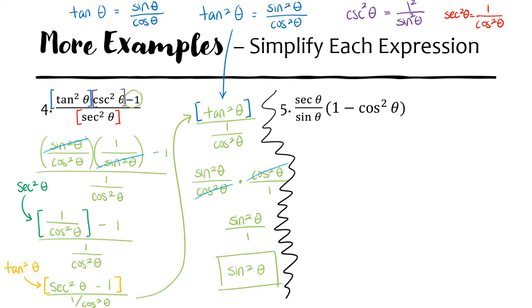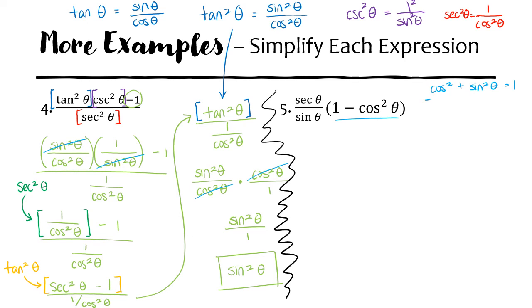This one is just going to involve our squared identities, though of course it could involve any of those identities. I do want to focus maybe first on this 1 minus cosine squared. Again, I want us to go back to our cosine squared plus sine squared is equal to 1. That's our first Pythagorean identity.